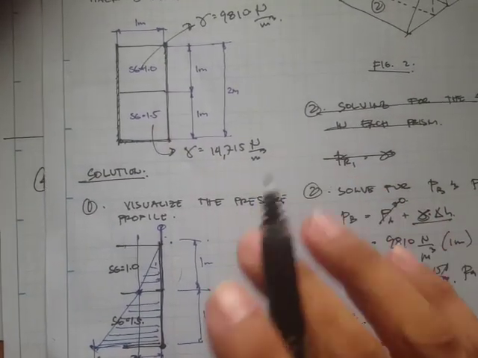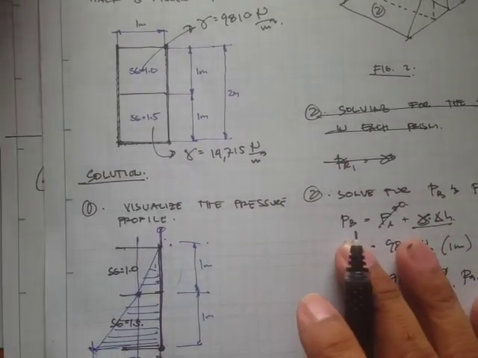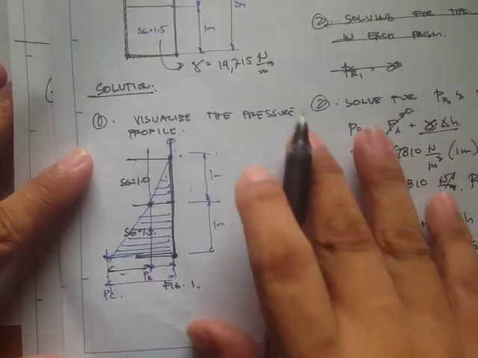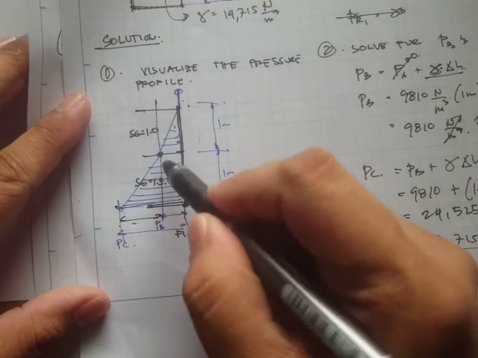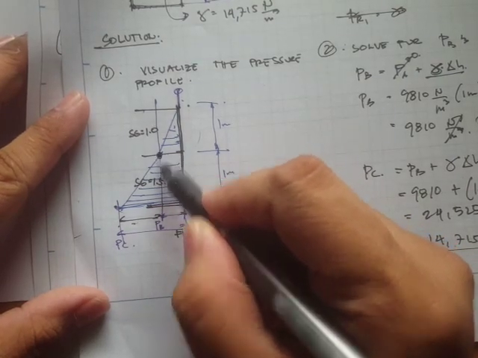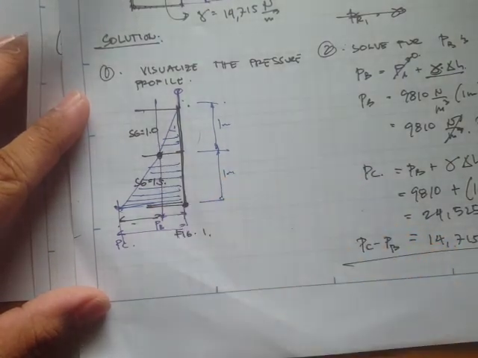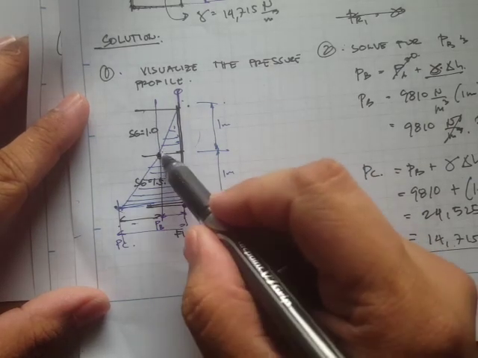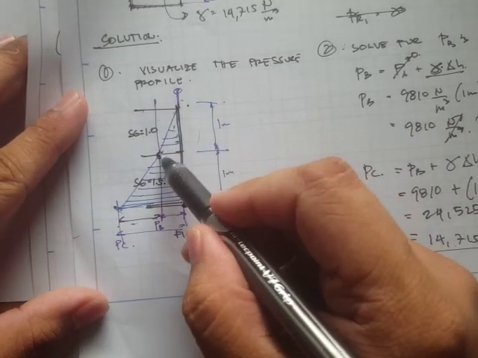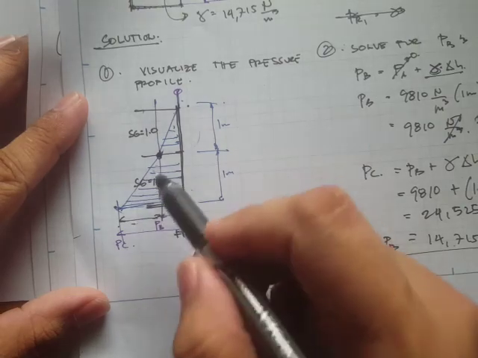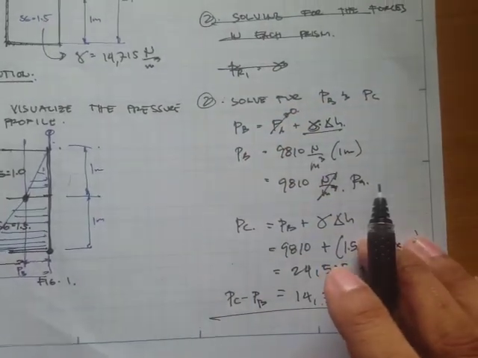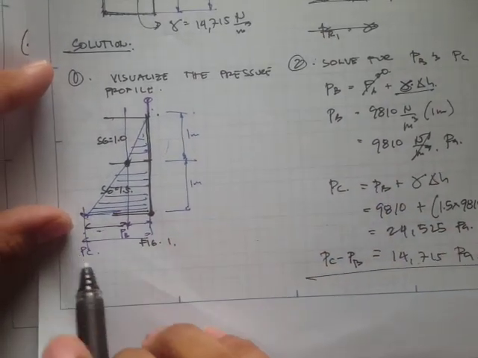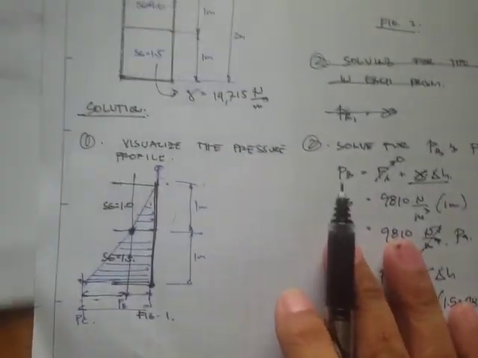We used the geometric method, or the pressure prism method, and we first drew the pressure profile, and then solved for the pressures at the special points, because that's where the slope changes. We first solved that using the hydrostatic equation.